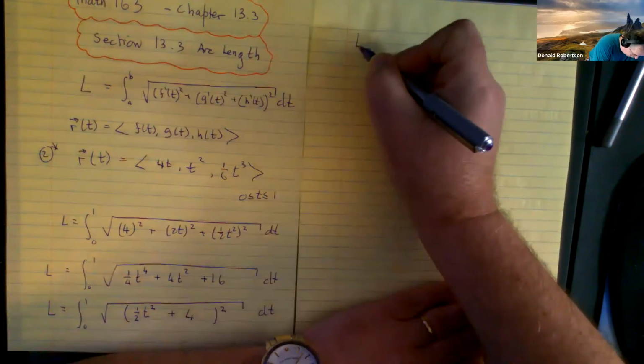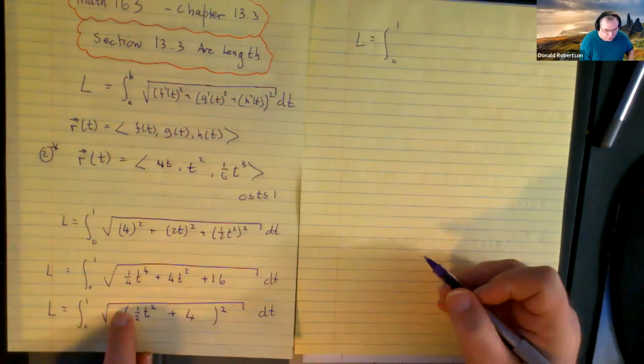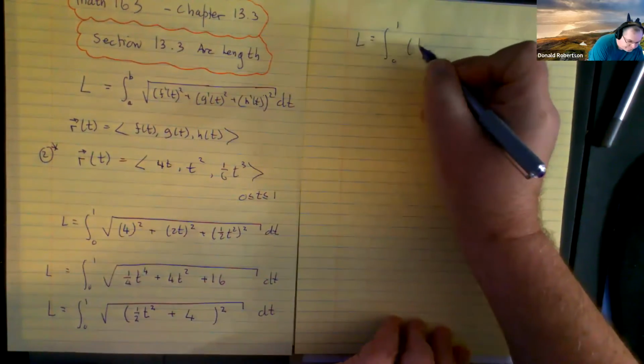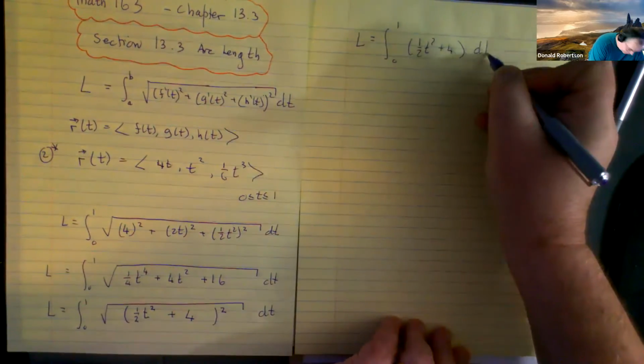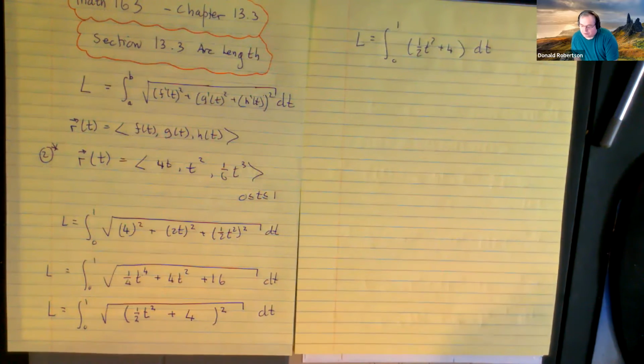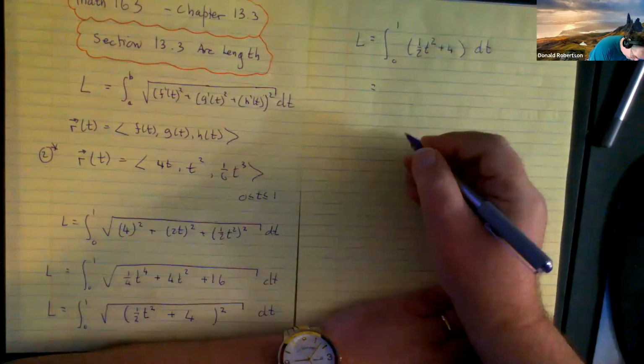That means that the arc length is now going to be the integral from 0 to 1, but the square root of a square cancel each other out. Do you see that that integral is now doable, right? Integrations with square roots are intensely horrible, and if you can get rid of them as you can in this question, it's good.